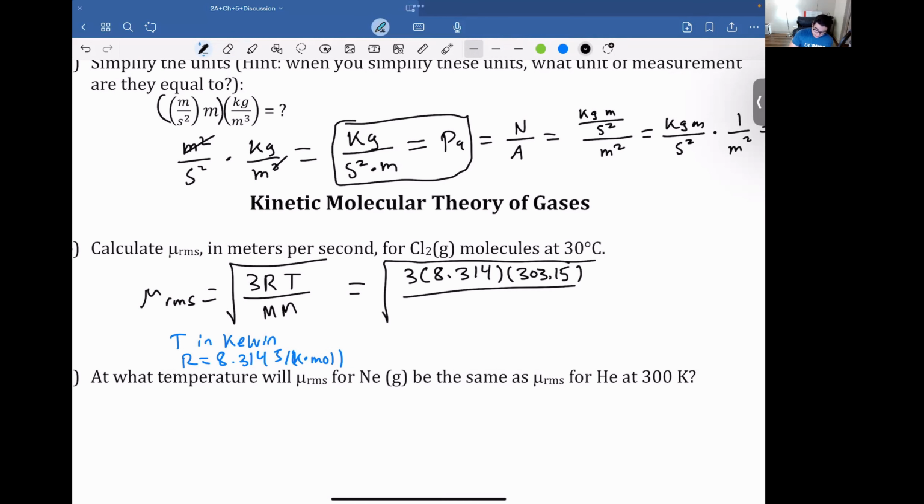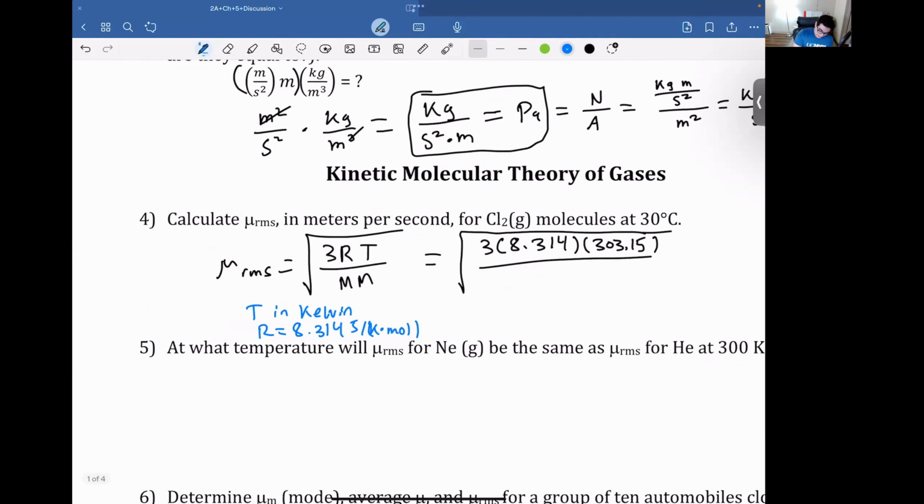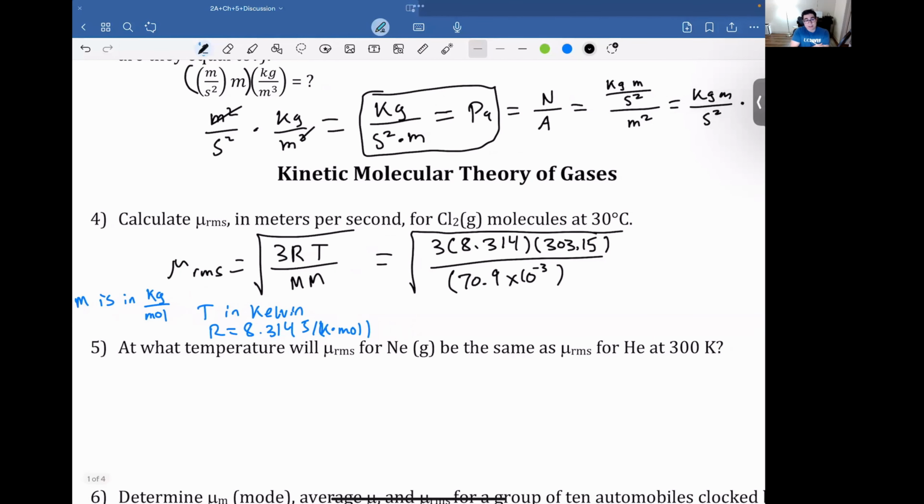The thing about the molar mass you have to be careful of in this formula is that molar mass must be in kilograms per mole. On the periodic table, you have grams per mole, but the molar mass has to be in kilograms. So you're dividing by 1,000, essentially.